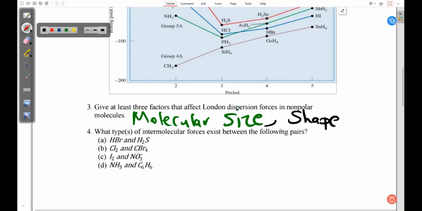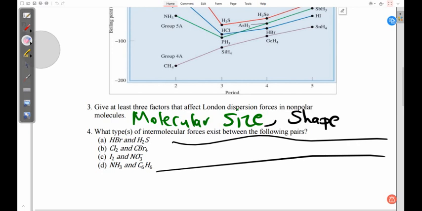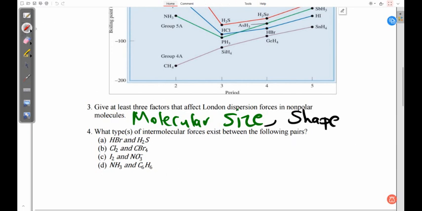So longer, flexible chains would imply stronger London dispersion forces because there is more room for interactions. Then the compact ones, for example in organic compounds, the aromatic compounds, tend to have weaker forces because there is less room for interactions.